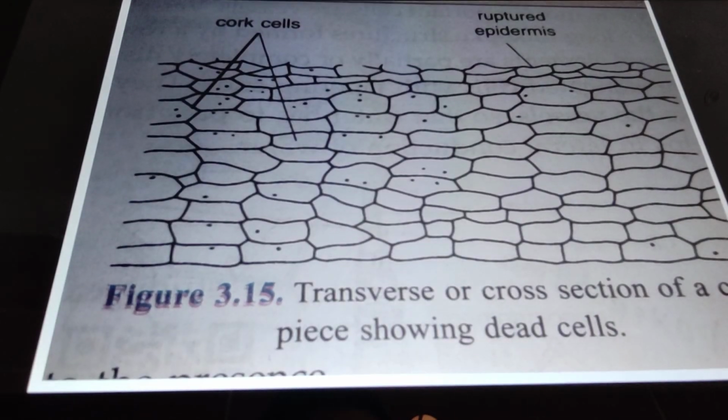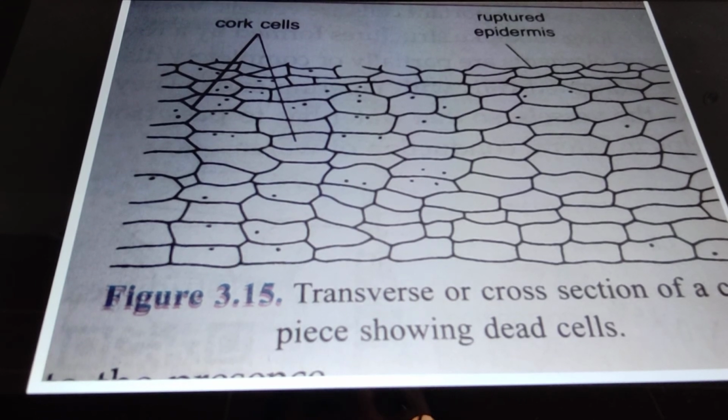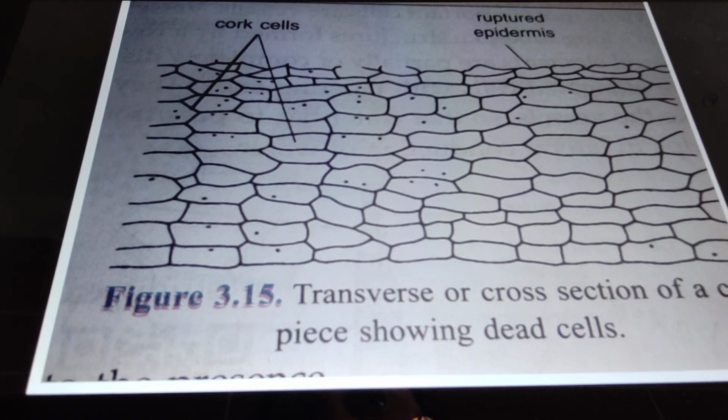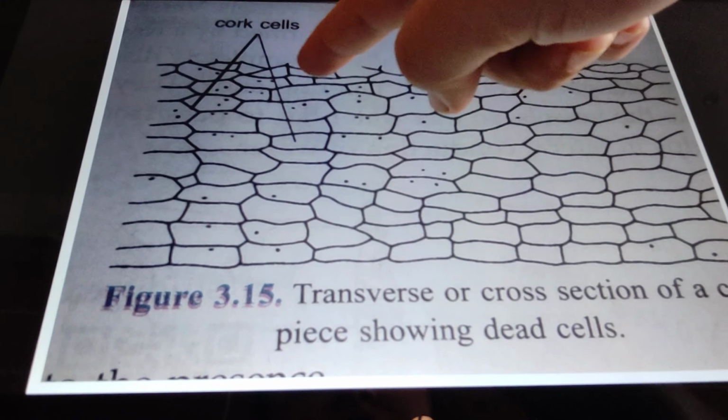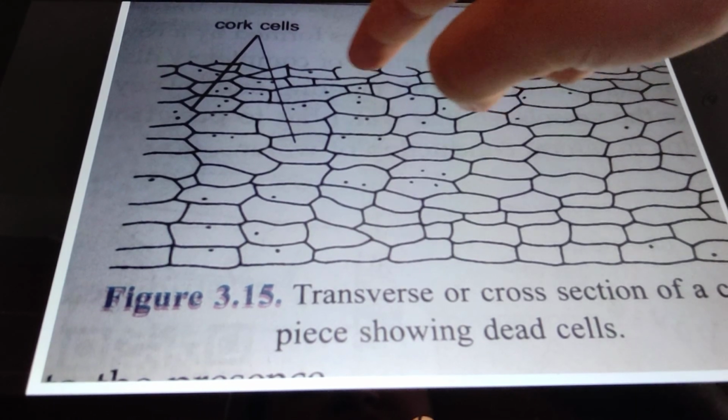So here this is a diagram, a structure which you just need to understand. No need to refer to or draw the diagram, it's not necessary, but just understand that the outer layer is the epidermis, which is dead cells.